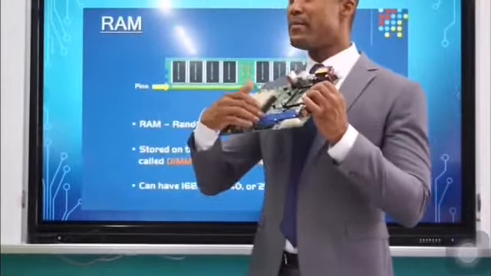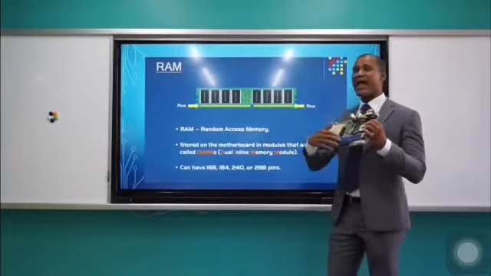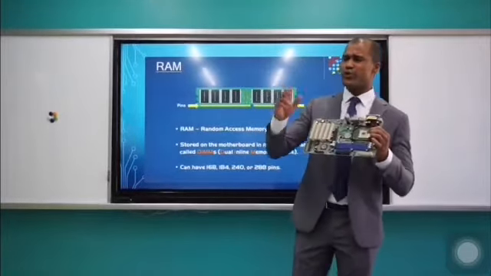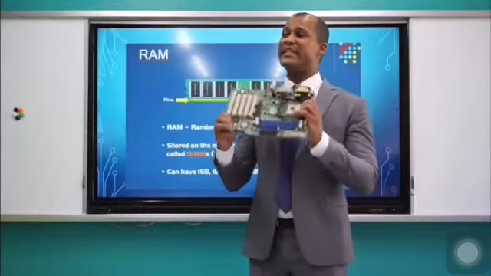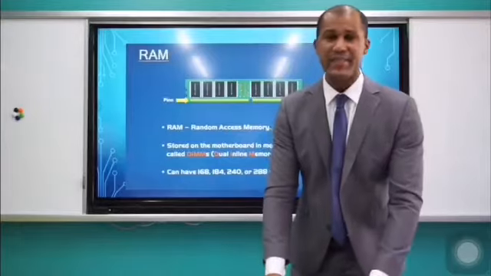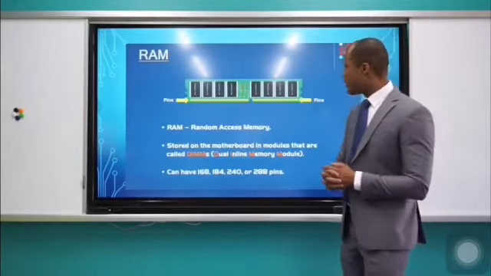Some motherboards have 3 slots, and some motherboards have 2 slots, between 2 to 4 slots per motherboard. So this is an example of a DDR3. Later on I will show you an example of a DDR2 motherboard.